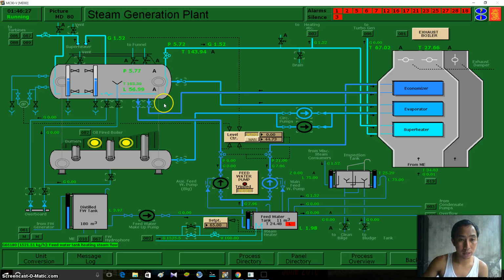Okay, let's check again the system. Okay, so where we have left. We have our feed water pump running. We have our heating for our feed water tank. Okay, so 2 burners are still firing as we can see here. So this is our burner.